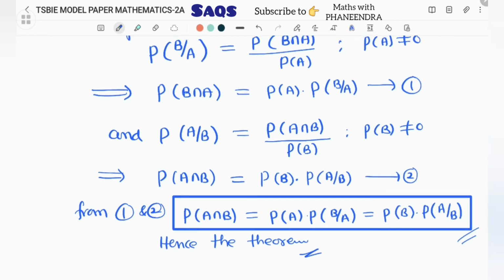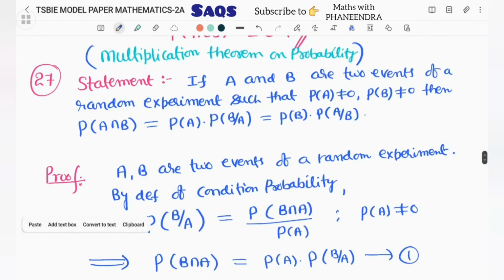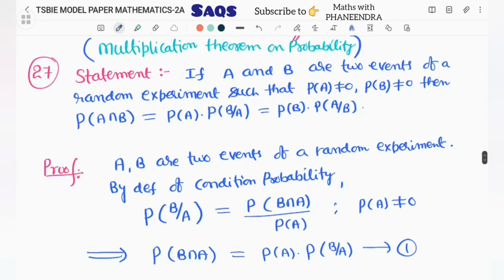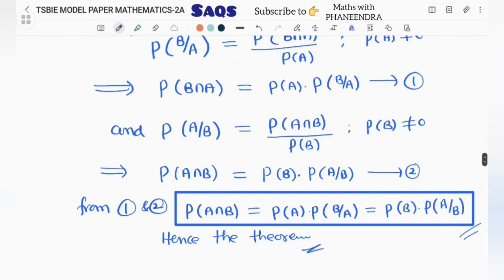Yeah, this is the way we can do the multiplication theorem on probability, dear students. I hope you people understand. Next we will move to section C.